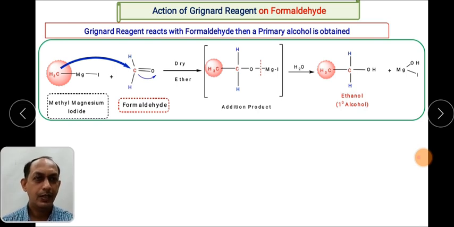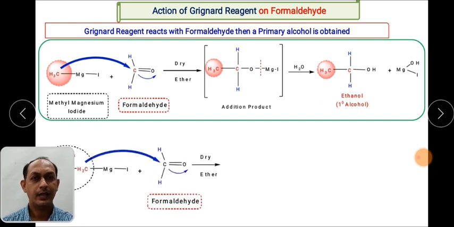So if you see this structure, the methyl group is coming from the Grignard reagent and this CH2 group is coming from formaldehyde. So this is how you will get ethanol, that is primary alcohol, and byproduct MgOH. So this is how we can prepare primary alcohol by using formaldehyde and Grignard reagent.